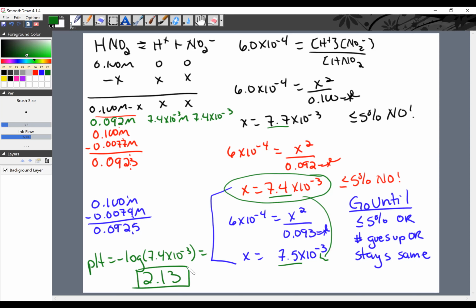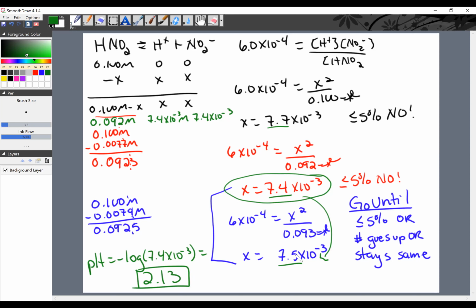All right, so the reason that we had to do all this extra work is it did not fit our assumption. It was greater than 5%, so I could have used the quadratic, but I used something called successive approximations. So I took the x I found and subtracted it from my original concentration, and then I did the problem again, and I do that until I get a number that is valid and less than 5%, or the number slightly goes up or stays the same twice.